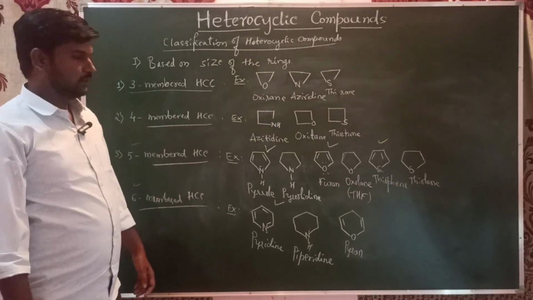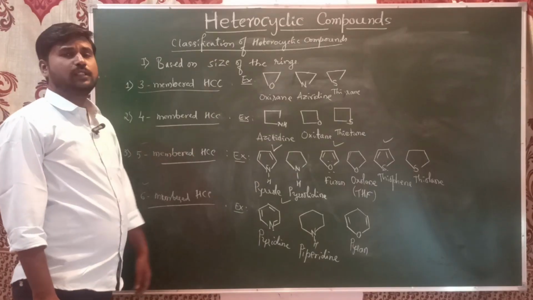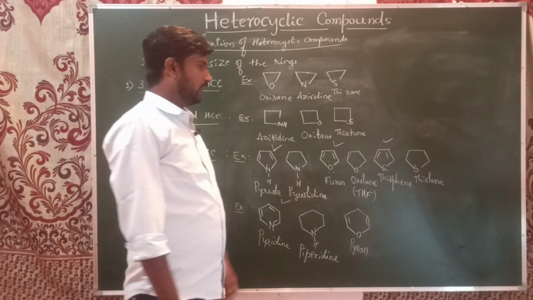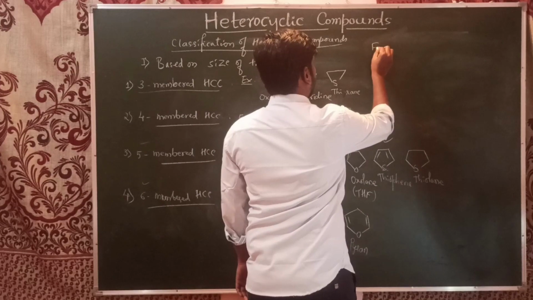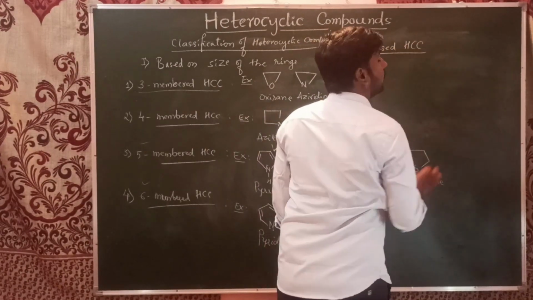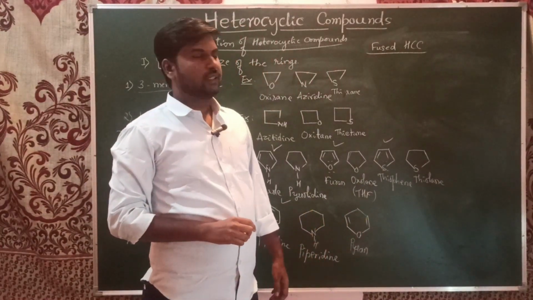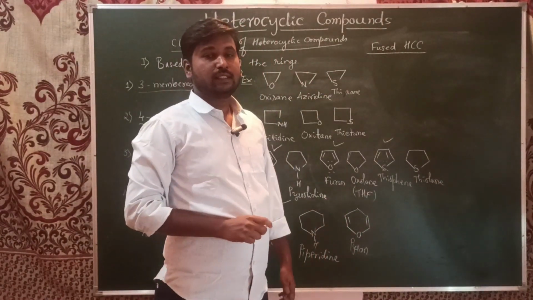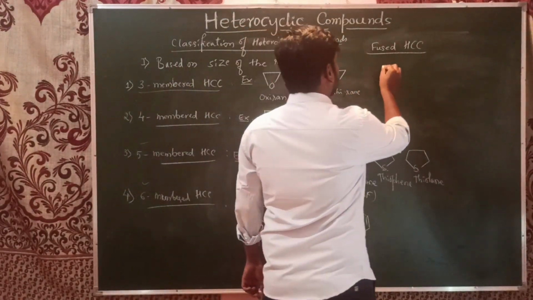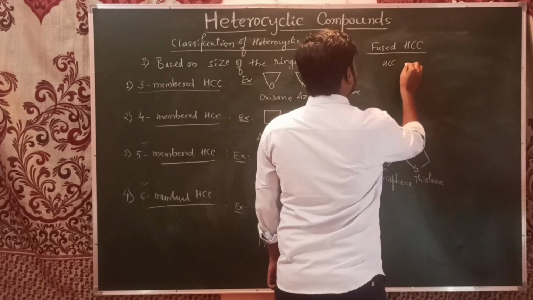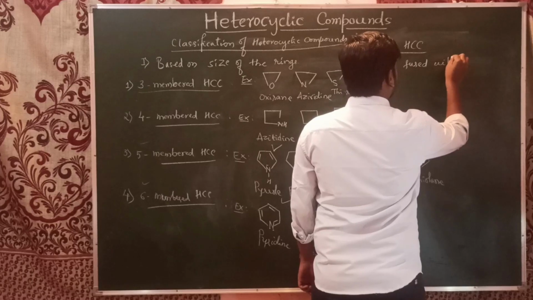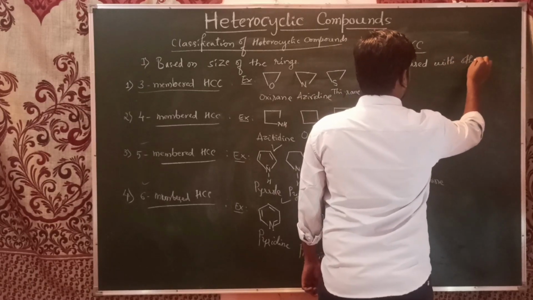Those may be asked. And there is one special heterocyclic compound class based on the size of the ring, that is fused heterocyclic compounds. It is also known as condensed heterocyclic compounds. As the name itself tells us, the heterocyclic compound is fused with other rings.